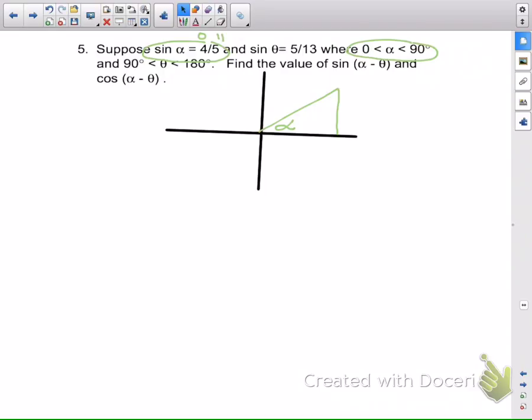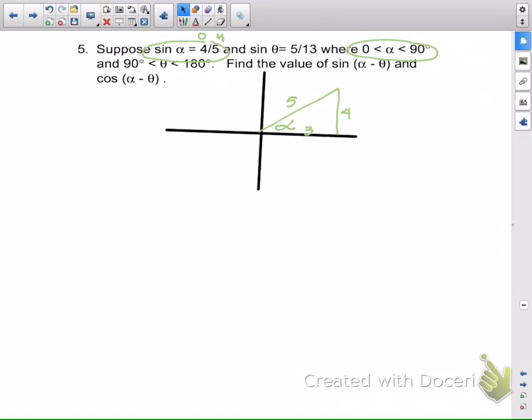Opposite and hypotenuse. So in that triangle, they've given me the opposite side is 4. The hypotenuse is 5. If I know my Pythagorean triples, I know my third side is what? 3. So all of that information helps me draw a picture for alpha.